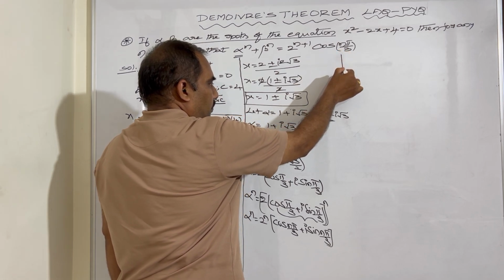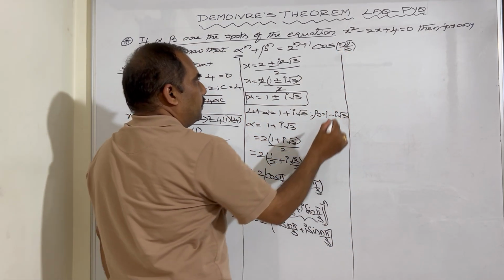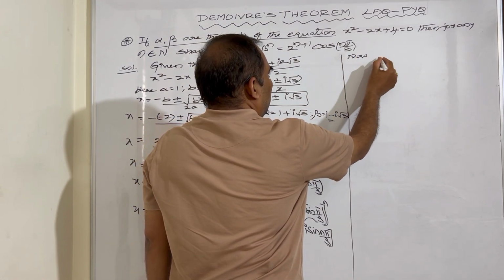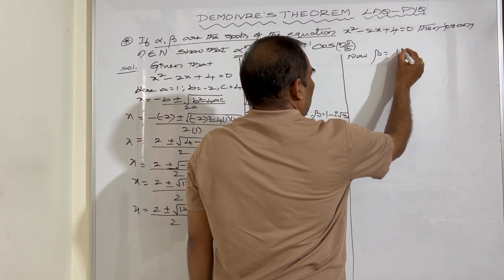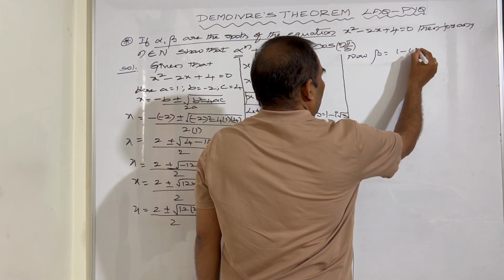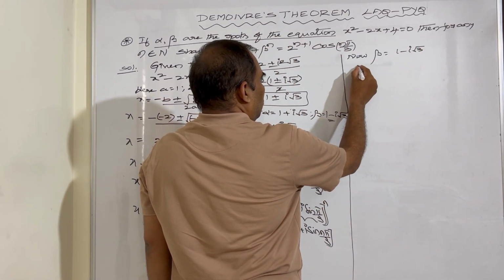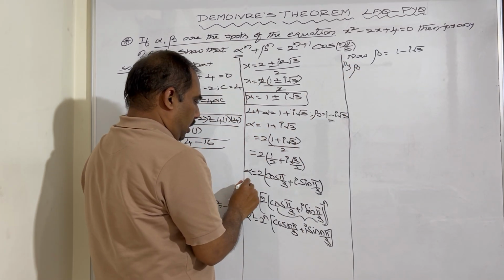So similarly beta is also equal to, we have 1 minus I root 3. So beta is equal to the same as alpha.